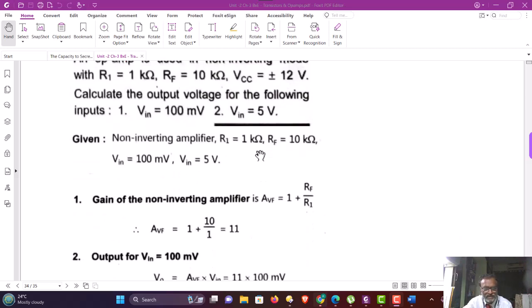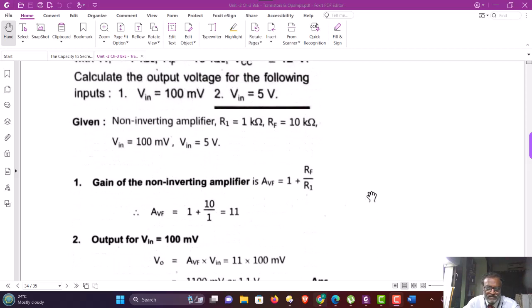So what is given we are writing here. R1 is 1K, RF is 10K, input is 100 millivolt in the first case and 5 volt in the second case. Let us first calculate the gain of the amplifier. You have to draw the circuit and refer back to the non-inverting amplifier.